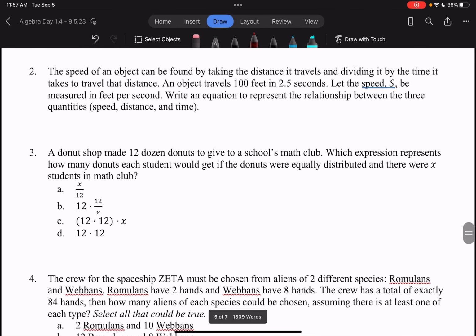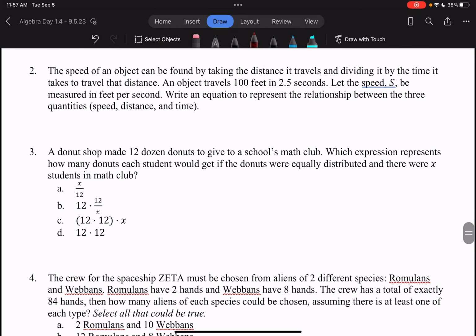All right, number 2. The speed of an object can be found by taking the distance it travels, so distance, D, and dividing it by time, T. That gives us speed. An object travels 100 feet, so that's the distance, in 2.5 seconds. That's the speed.